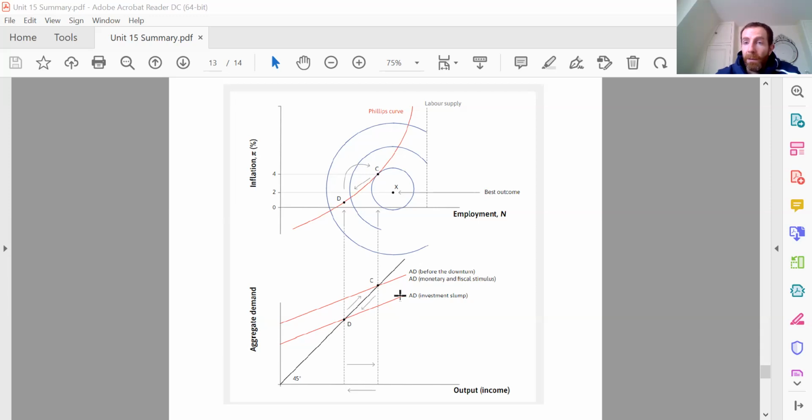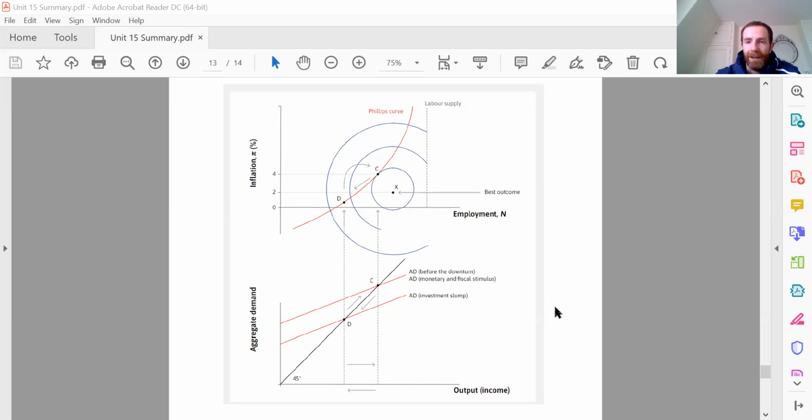So maybe there's been some increase in government spending or a cut to tax rates, and that hopefully will push aggregate demand back up to its original level, back up to this goods market equilibrium at C, and then that's going to mean back up to higher levels of output, higher levels of employment, and that moves us back along our Phillips curve to this point C again, which is where the policymaker wants to be.